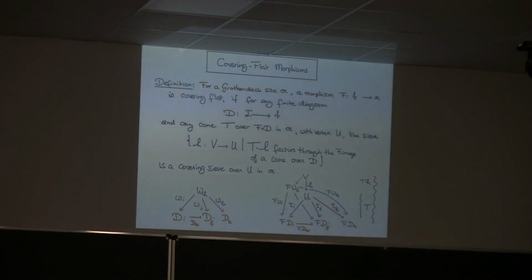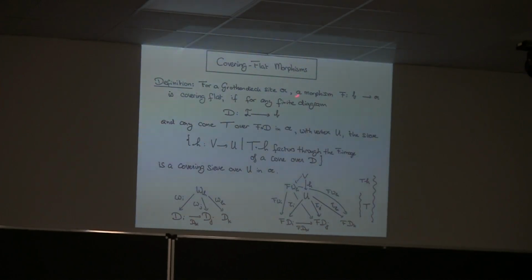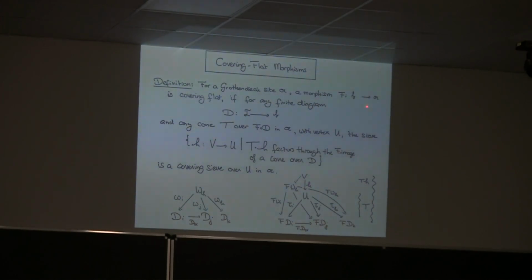Good. Just a reminder, if you don't know what covering flat is: a map between Grothendieck sites is covering flat whenever I take a finite diagram for the domain, and I then take the composite to get the diagram in the codomain, and I take the covering in the codomain.